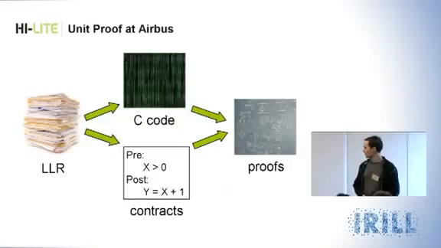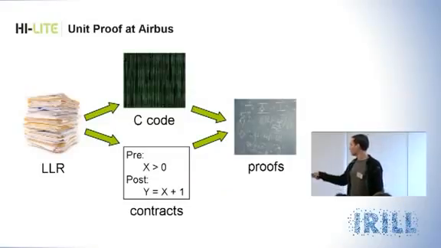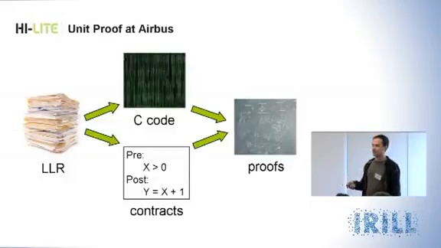So some people at Airbus, in conjunction with people at CEA, have come up with an idea of unit proof to replace some of this unit testing. So what they do is that they start with the low-level requirements here, like before. And on one side, they develop the C code for these low-level requirements.